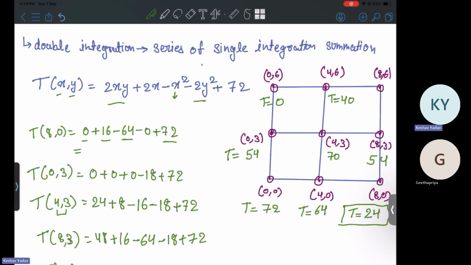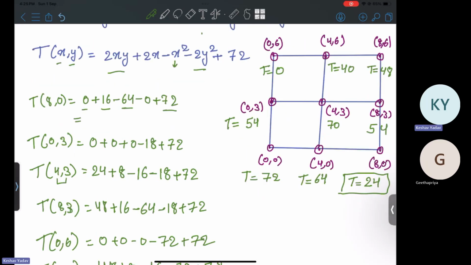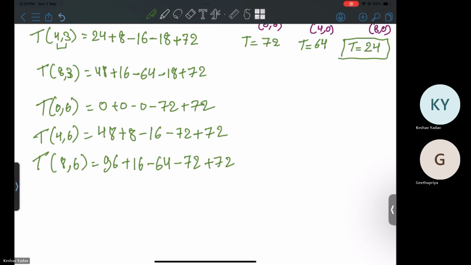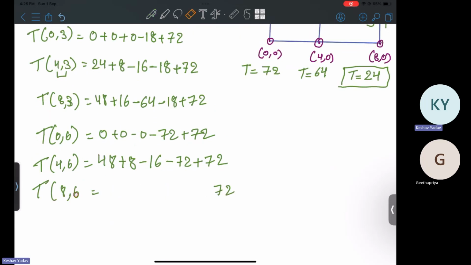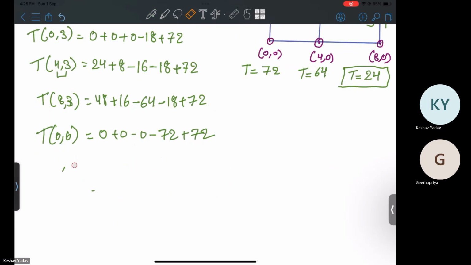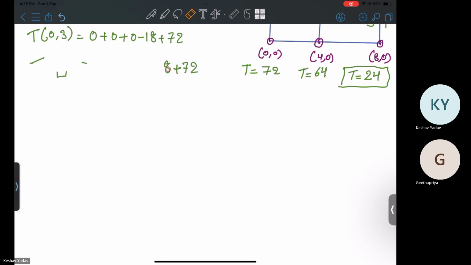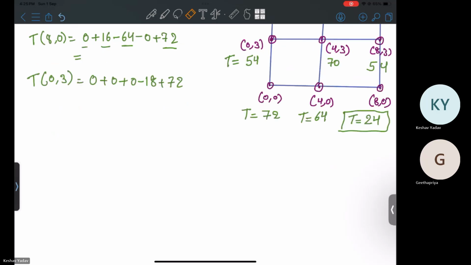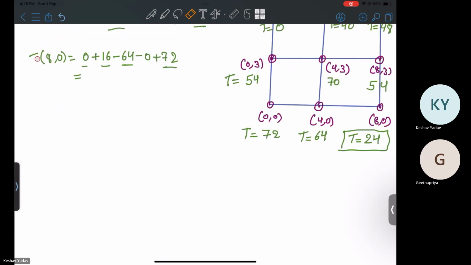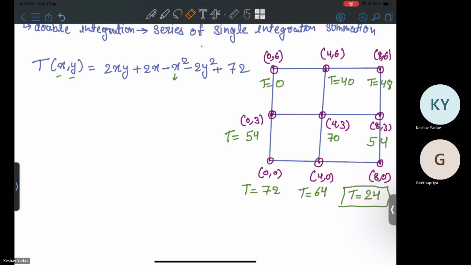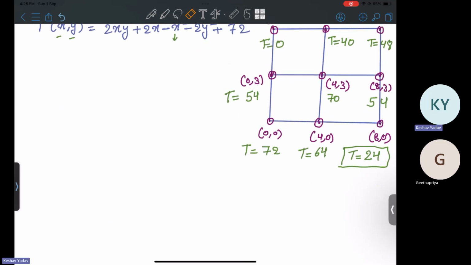That will become 48. Now I will remove all these. So this is the value that we have got now.